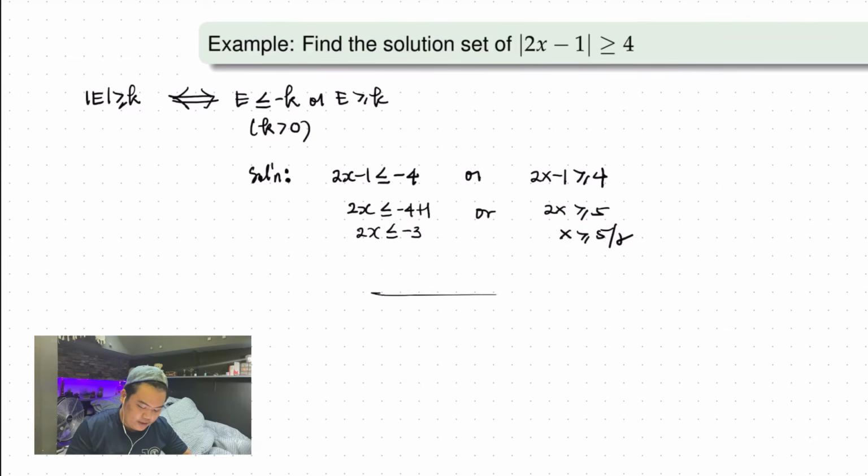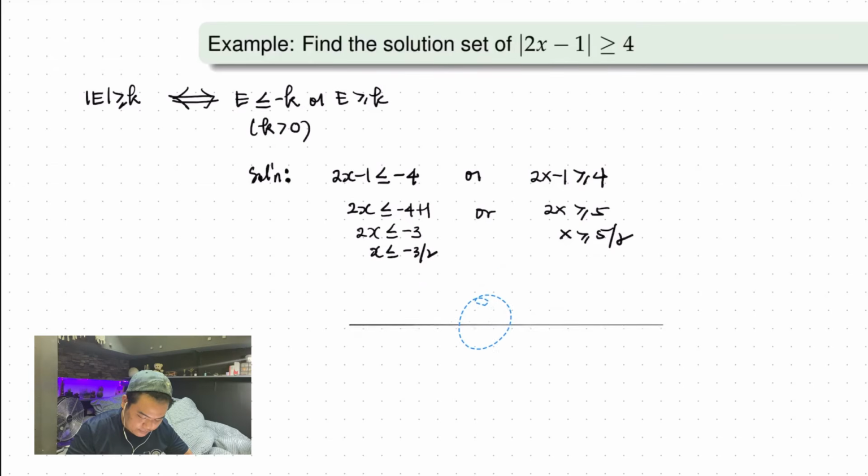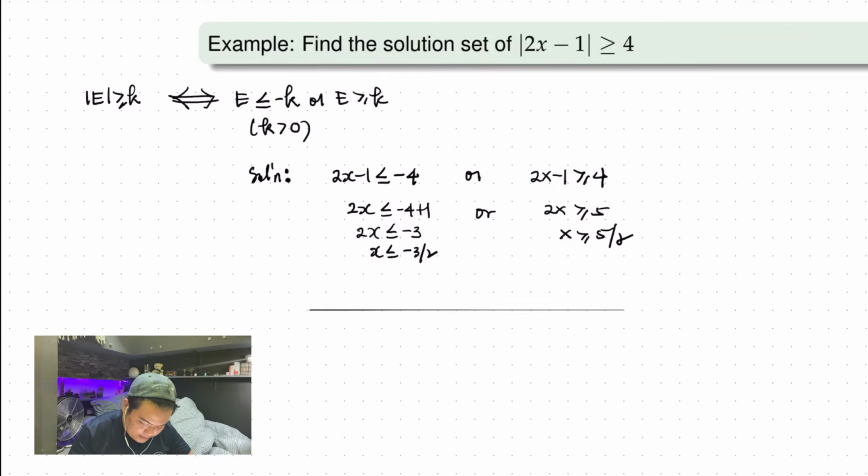So, let us draw our number lines. So, x is less than equal to negative 3 over 2. Okay. So, sino mas malaki? Si 5 over 2, no? So, yung nauna, less than equal to negative 3 over 2, nasaan yun?